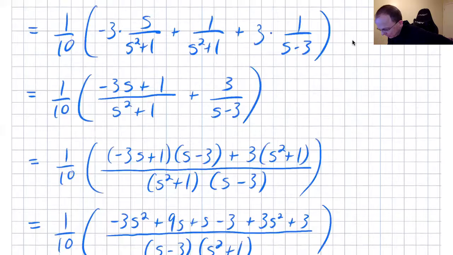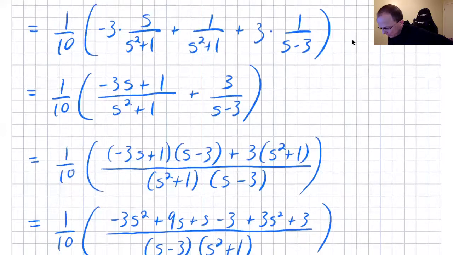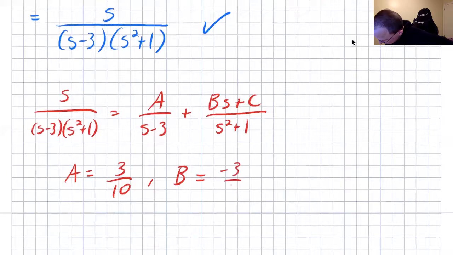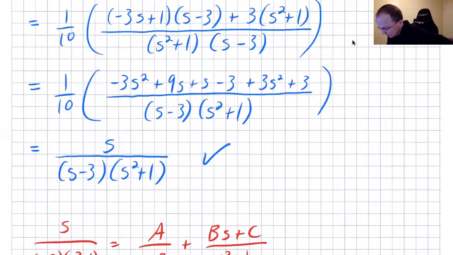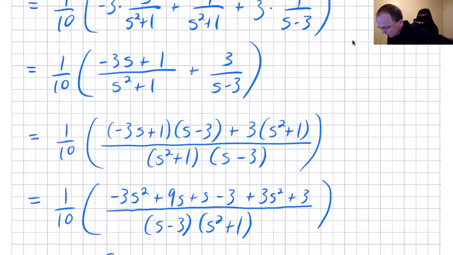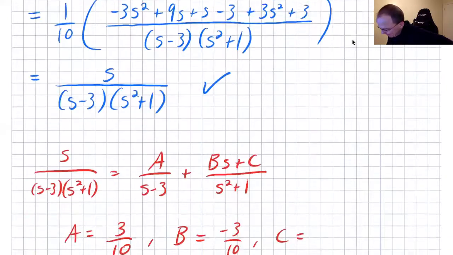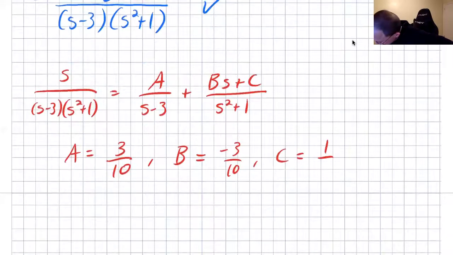So the b would have been minus 3 over 10. And the c would have been 1 over 10. Yeah, 1 over 10. Okay.